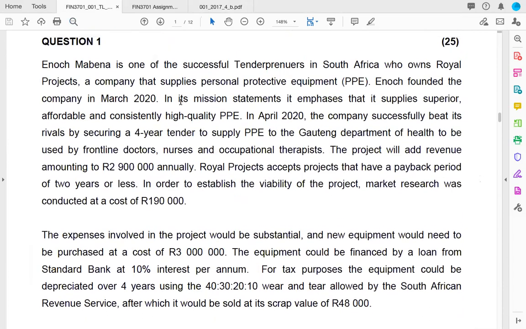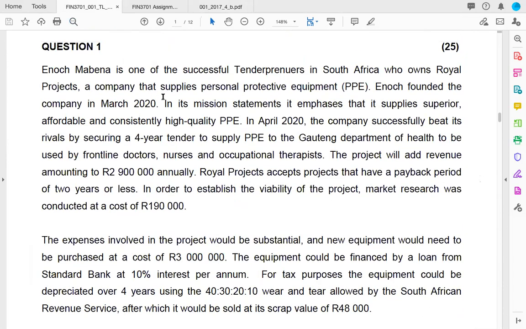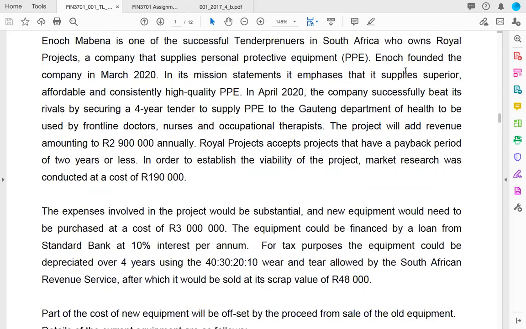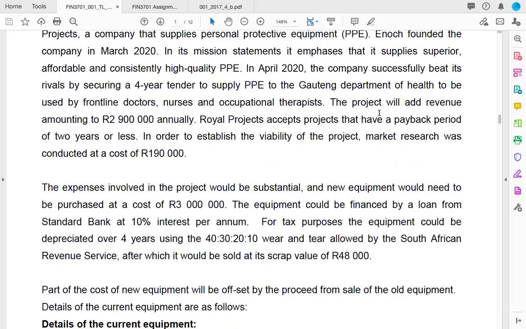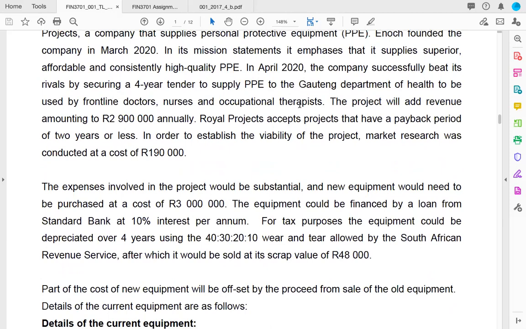So question number 1, we've been given a case study. We've been told that we have an individual who supplies personal and protective equipment. This individual is called Enoch, and he founded the company in 2020. In April 2020, the company successfully beat its rivals by securing a 4-year tender to supply PPE to the Gauteng Department of Health to be used by frontline doctors.